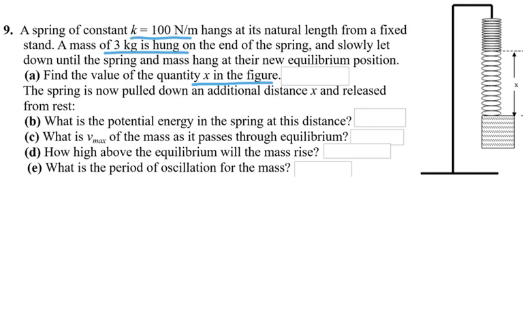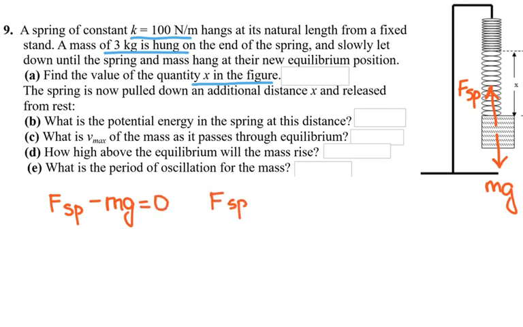So I'm going to use again the force of gravity mg and the force of the spring. Because it's in equilibrium, the force of the spring minus mg is equal to 0. The net force is equal to 0. So the force of the spring is equal to mg, or kx is equal to mg.